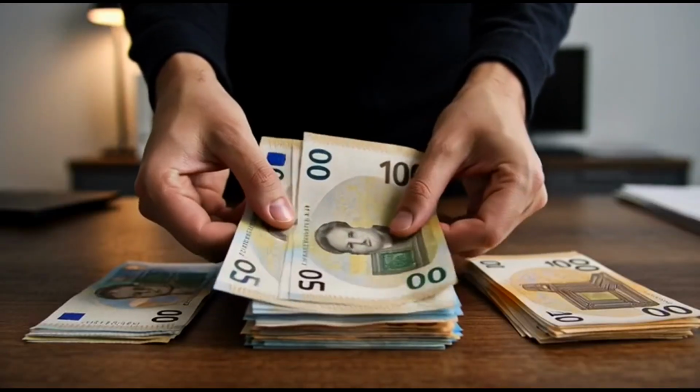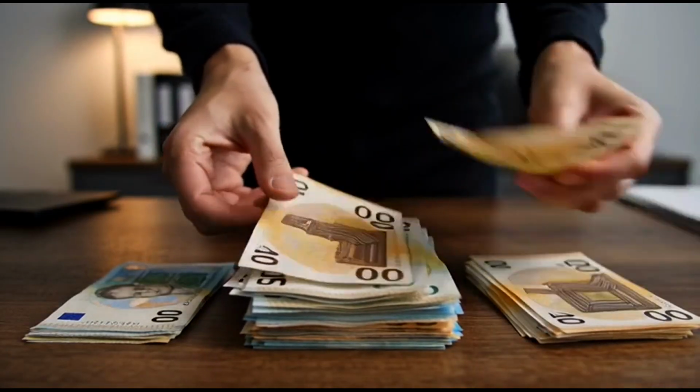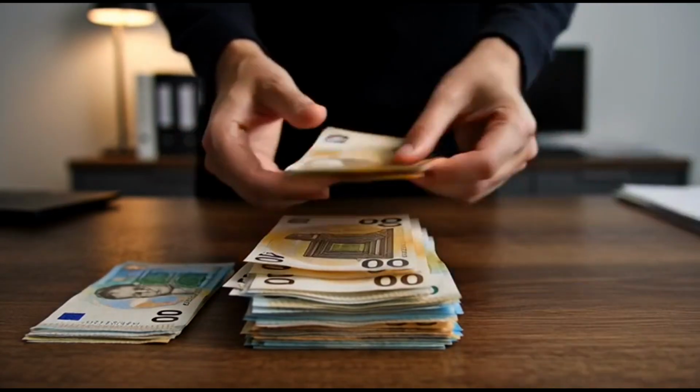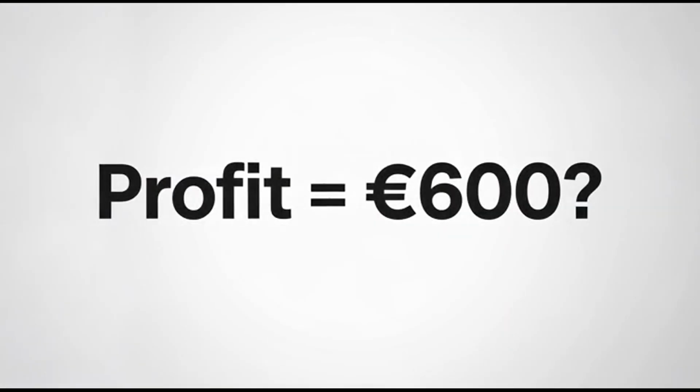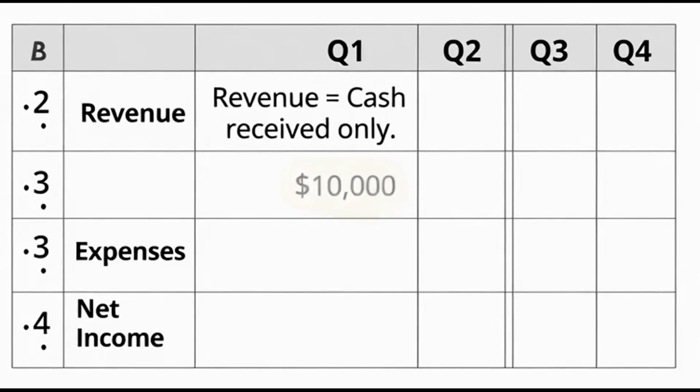At the end of the day, he has 700 euros in cash. It depends on the accounting method. Under cash accounting, only received cash is recorded.